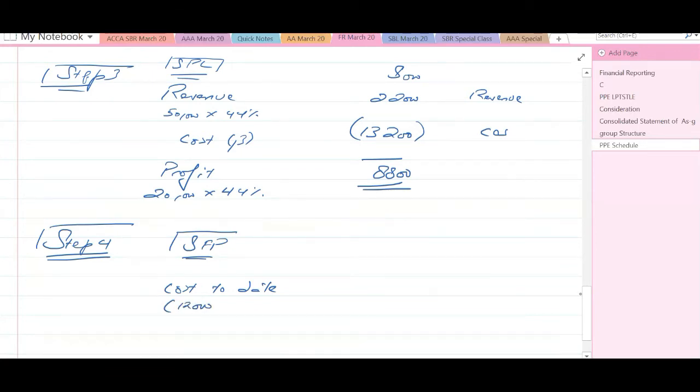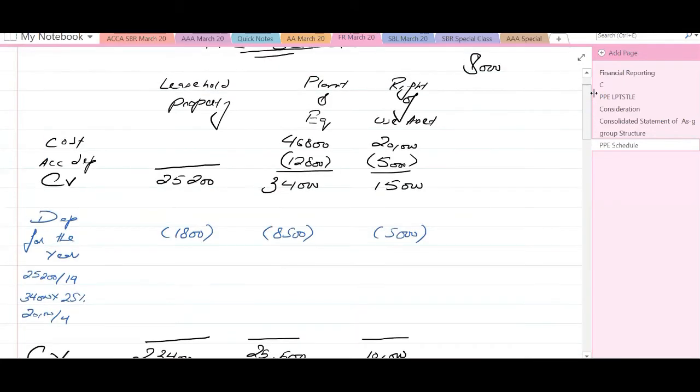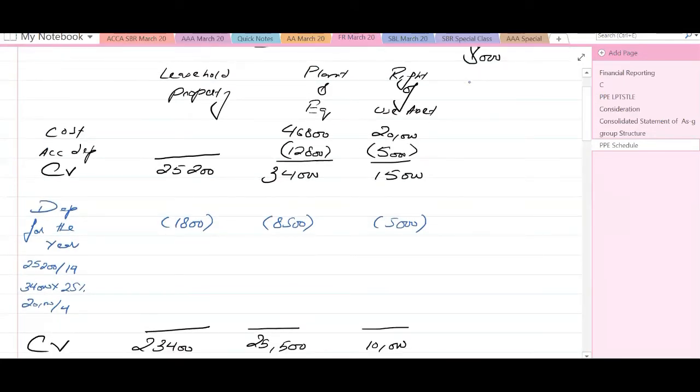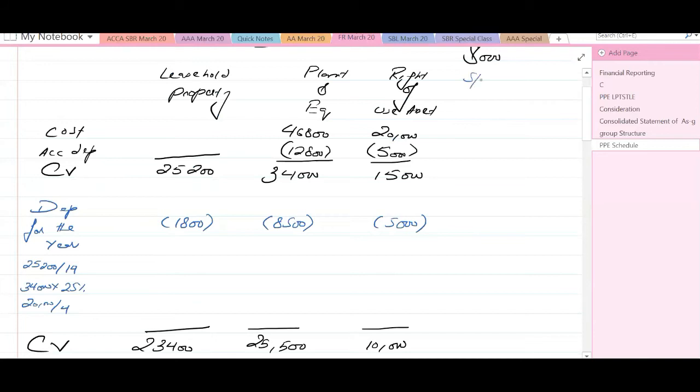And now you need to calculate the depreciation as well. But we have another asset over here, which is plant, specialist plant. So the cost was 8,000. Till here there was no depreciation, so 8,000, and then the depreciation.